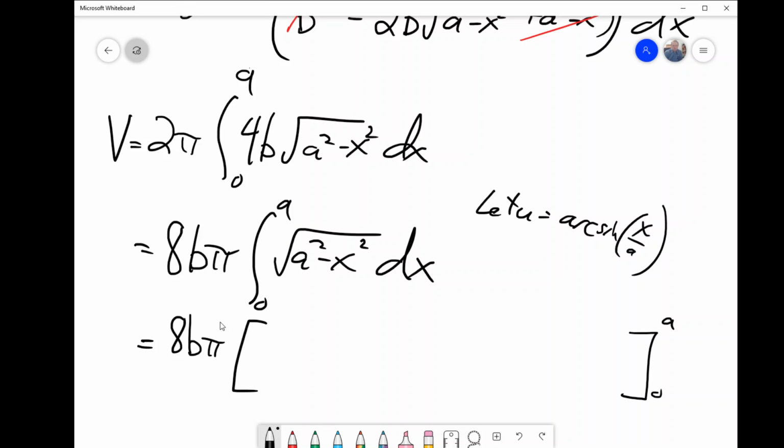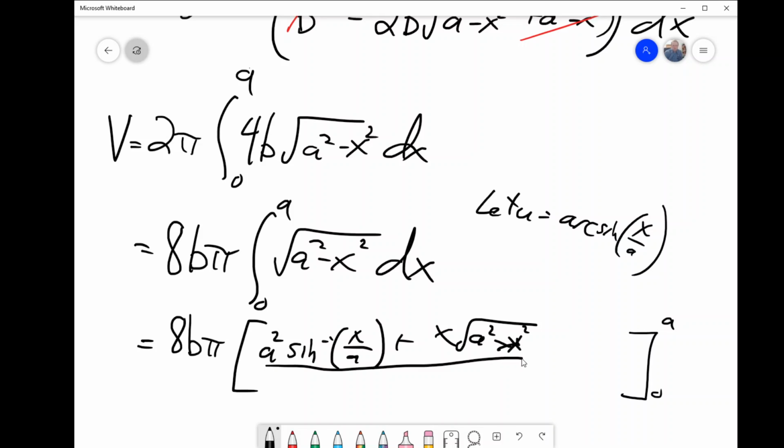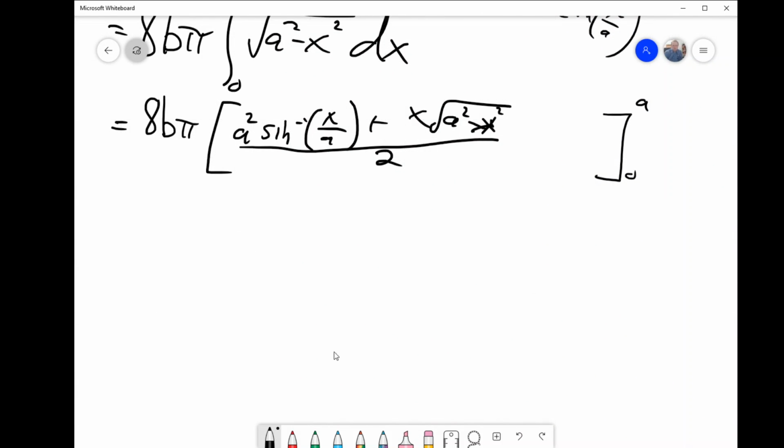Believe it or not, when it is fully simplified, it is a squared times the inverse sine of x over a plus x times the square root of a squared minus x squared, all over 2. So, not really trivial, but it's workable.